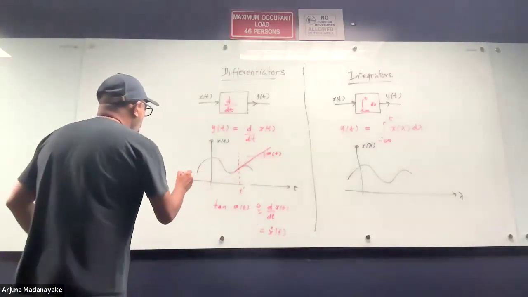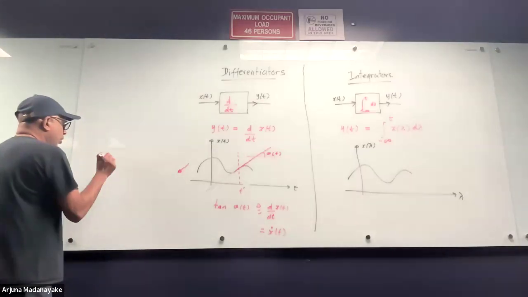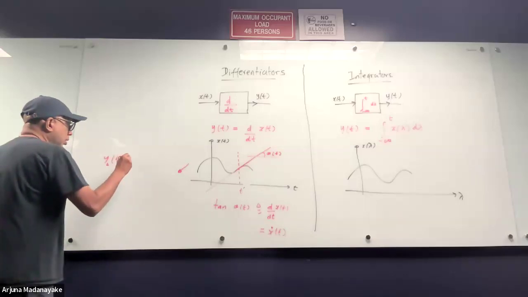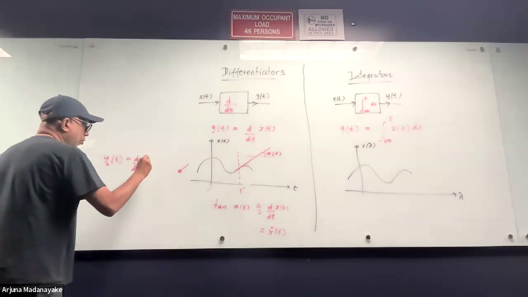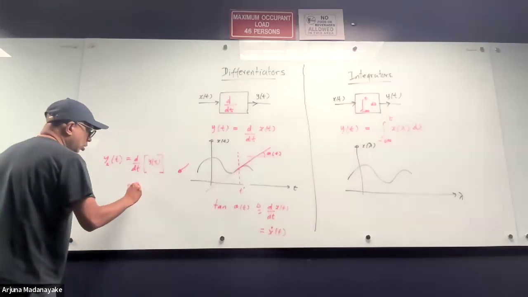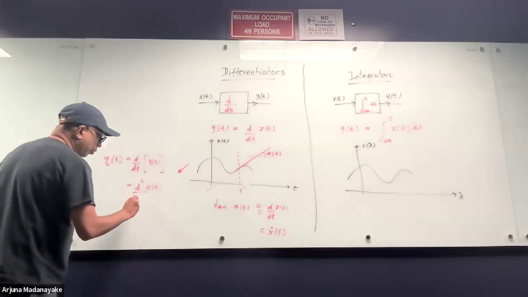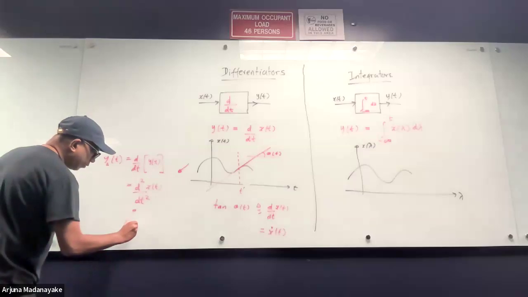So similarly, we can also find the second derivative, right? If y prime of t, or say y2 of t, is equal to d over dt of y of t, that is equal to d2 x over dt square. This is the second derivative.